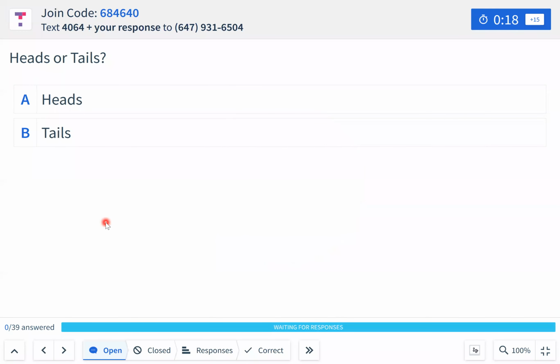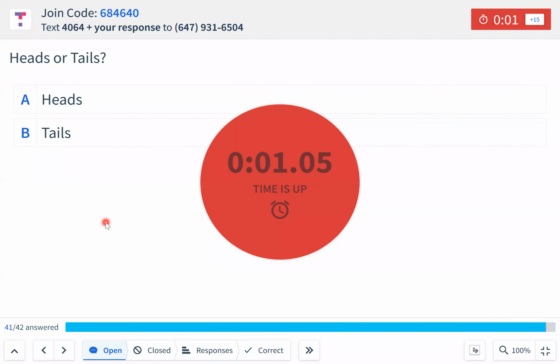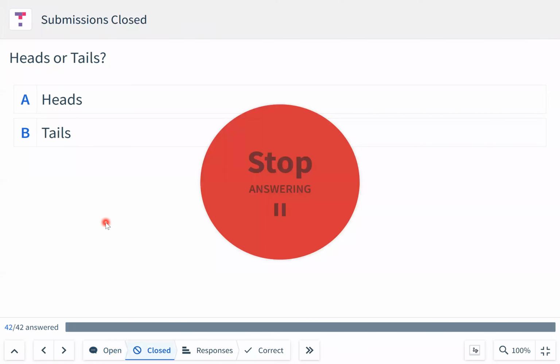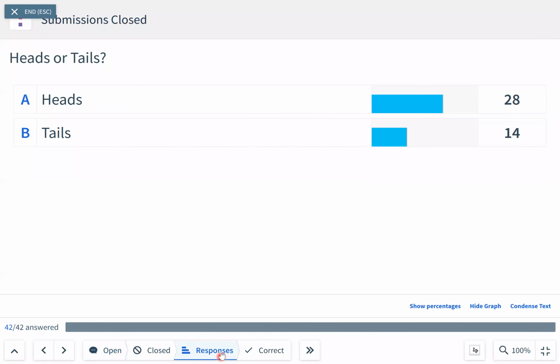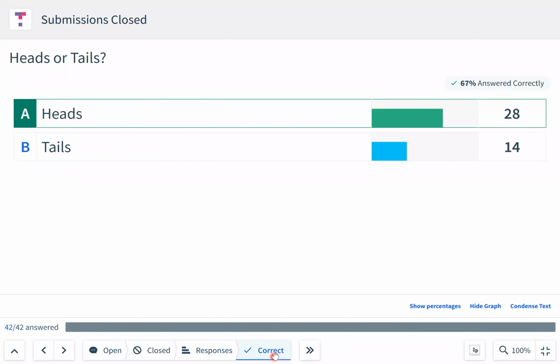Heads or tails? A little bit more going to tails. Correct answer was heads. All right, so 80% and 67%. Let me write that down.